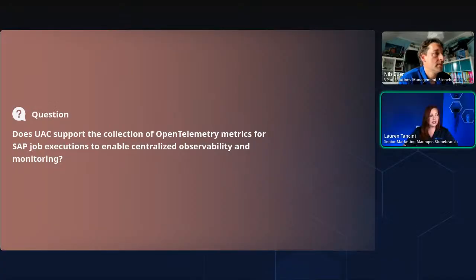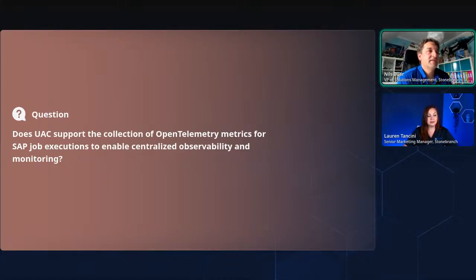Great. All right, next question. Does UAC support the collection of OpenTelemetry metrics for SAP job execution to enable centralized observability and monitoring? Yes, this is a key feature which is fully supported by our OpenTelemetry solution.